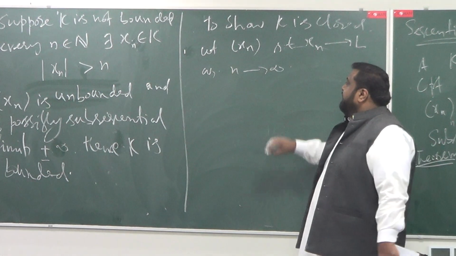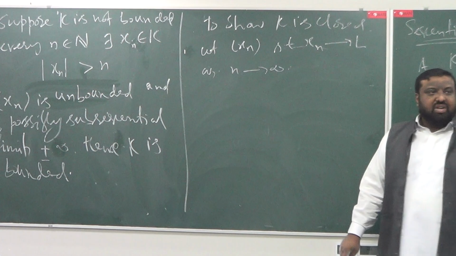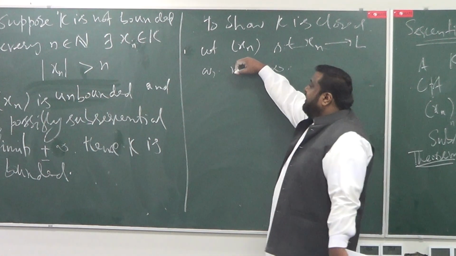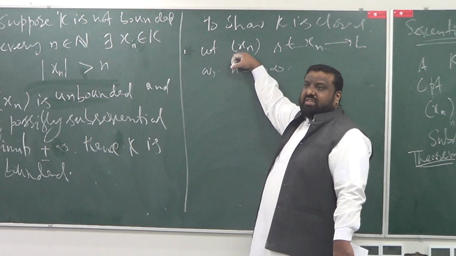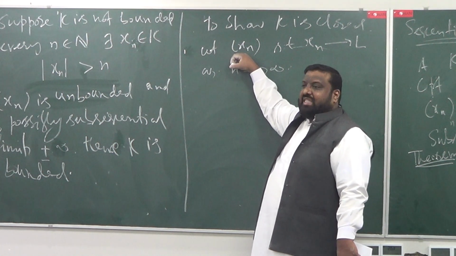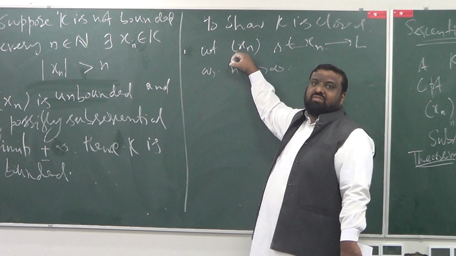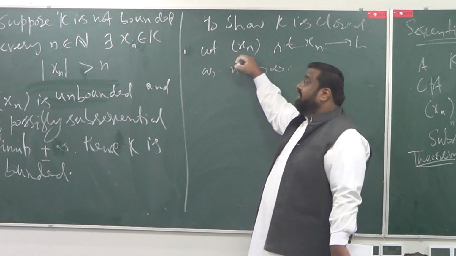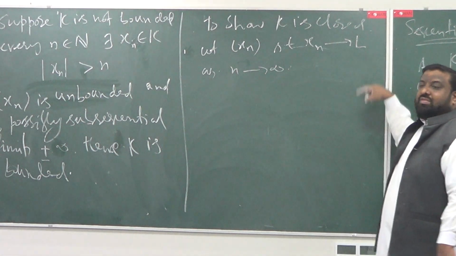Now let's exercise the sequential compactness. What is the sequential compactness going to tell you? It's going to tell you that this sequence has a convergent subsequence. But that convergent subsequence is going to converge to what? The same L, because the parent sequence is converging.